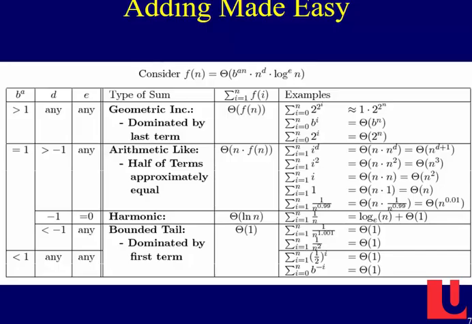And so just like this guy, here in the middle example, half the terms matter, right? And here, well, only the biggest term matters. And here, this is the biggest term. And here, this is the biggest term, right? Everybody got that? That's everything I want you to know about summing.